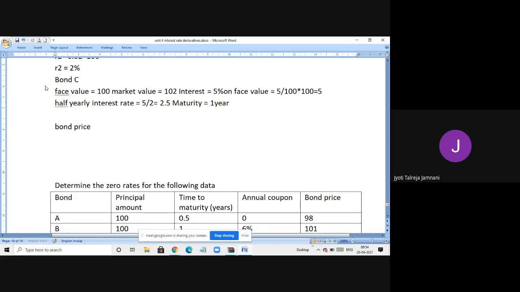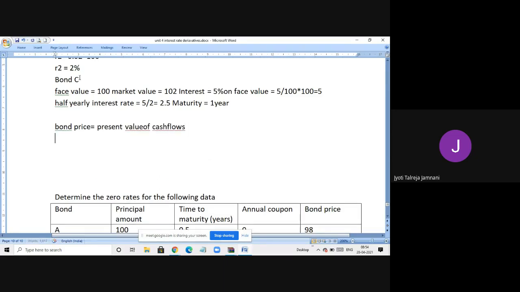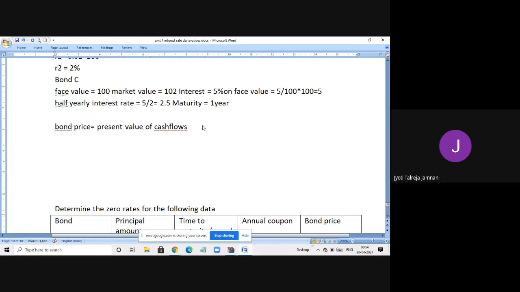Bond price is equal to the present value of cash flows. Bond price is nothing but the market value of the bond, which we know is 102.